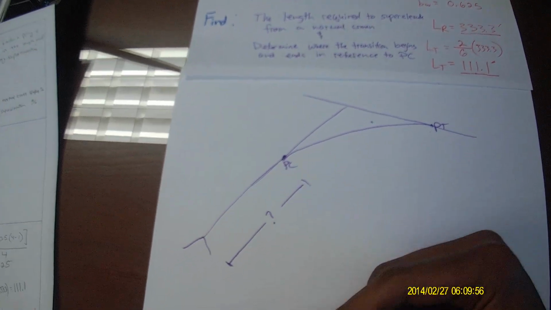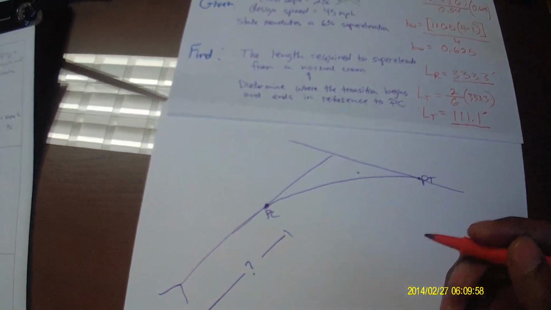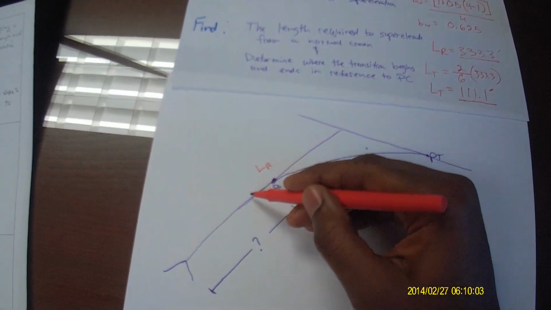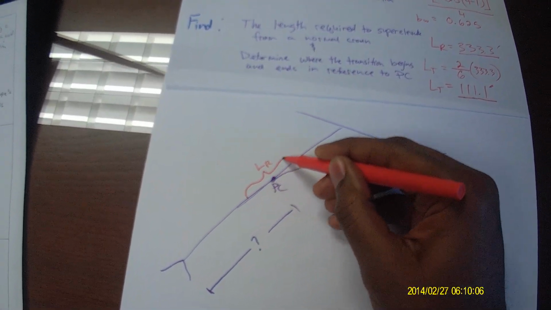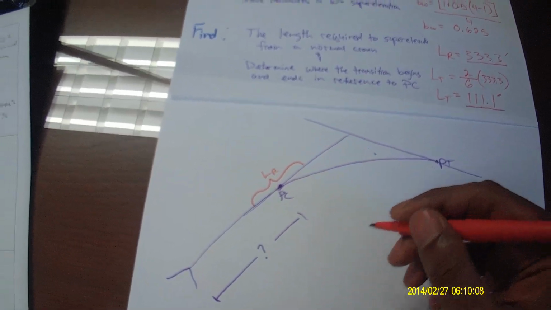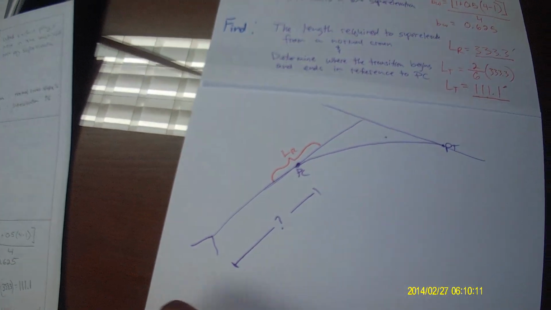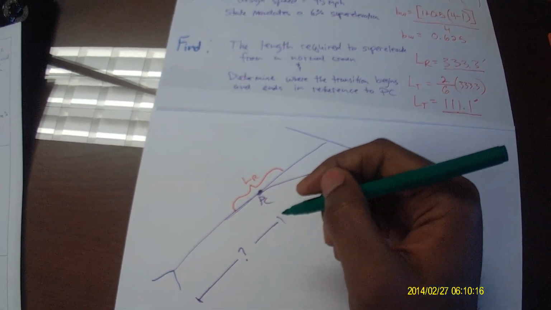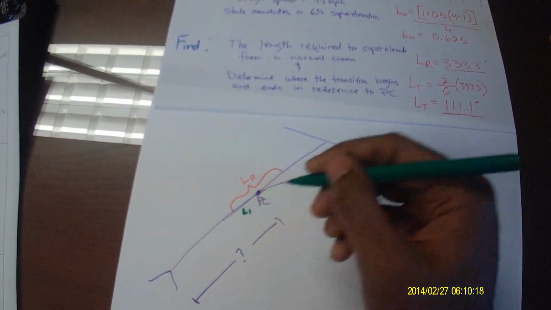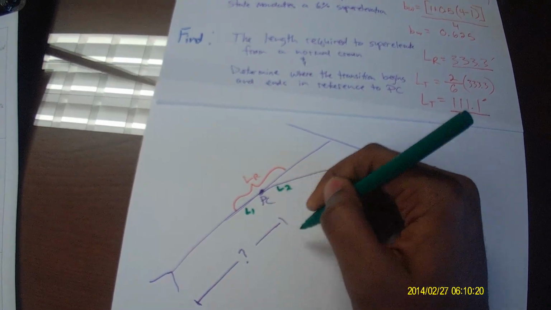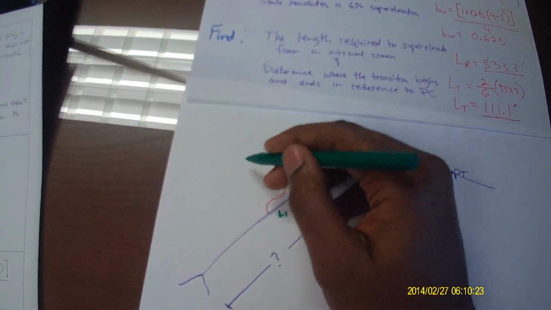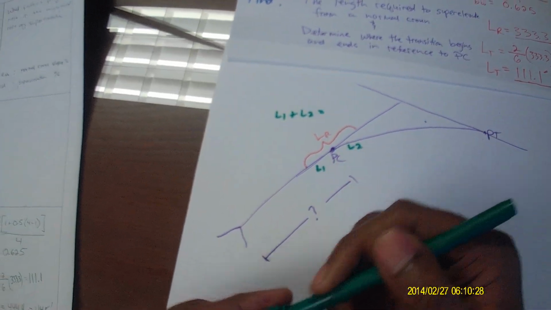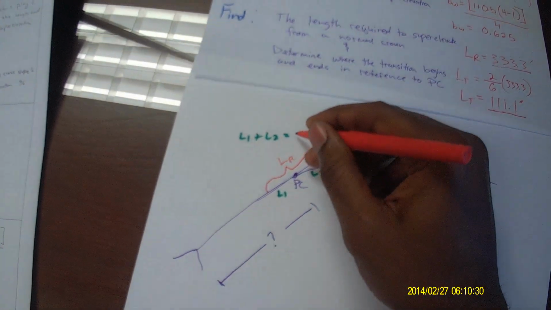Well, one thing that I do have is my L sub r. Remember, I told you that L sub r straddles PC. So you can actually split up an L sub r into 2 parts, L1 and L2, where L1 plus L2 equals L sub r.